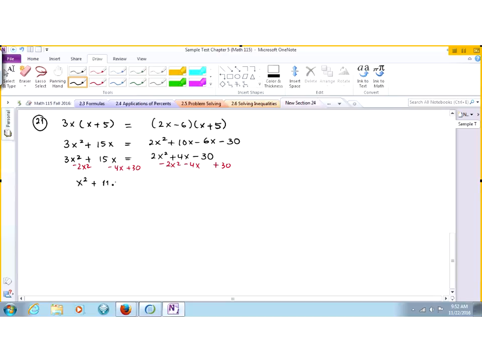So x squared plus 11x plus 30 is 0. Oh, that's easy. What is this? So x plus 6, x plus 5 is equal to 0. What is x? Negative 6 or x is negative 5.